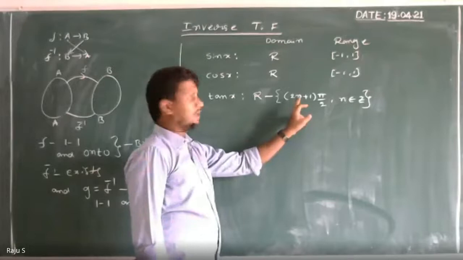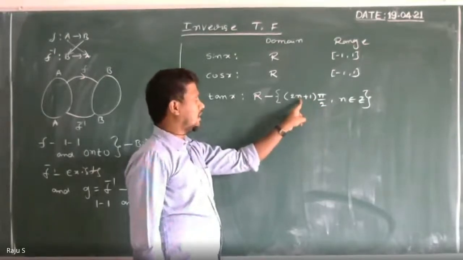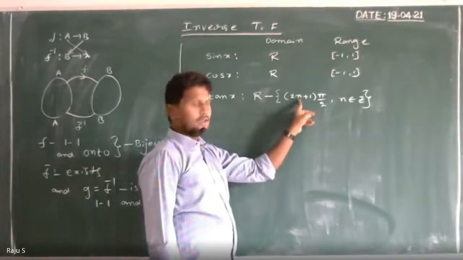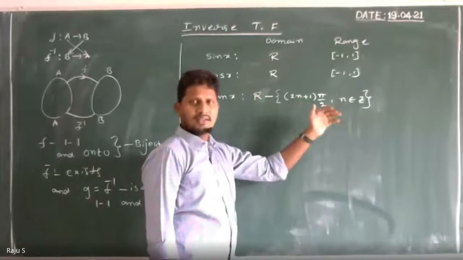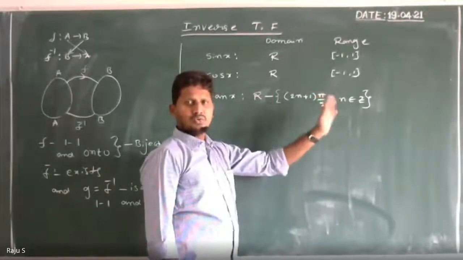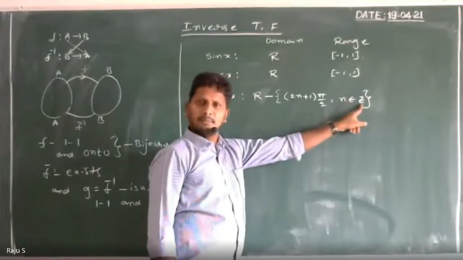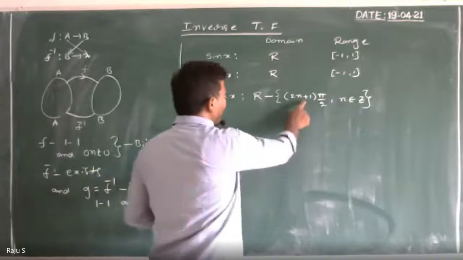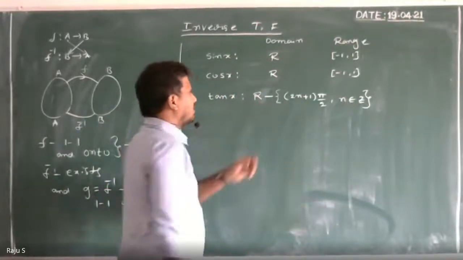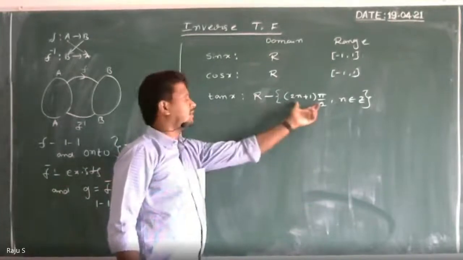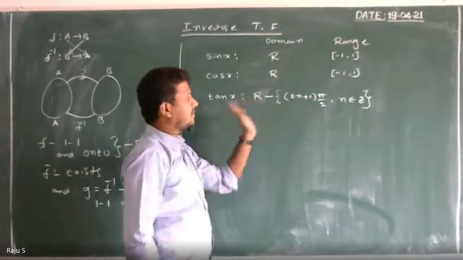Put n is 1, we get 3 pi by 2, which is 270. Substituting n is -1, we get minus 90, and n is -2 gives minus 270. So on up to infinity, and n may be positive or negative. Other than these values, tan x is defined, meaning we get a finite value. For these values we get infinity, so we remove them.